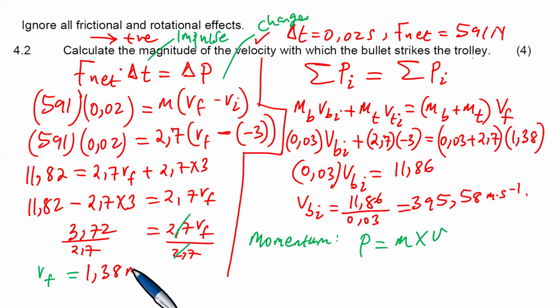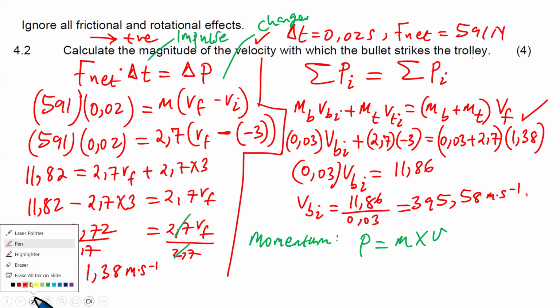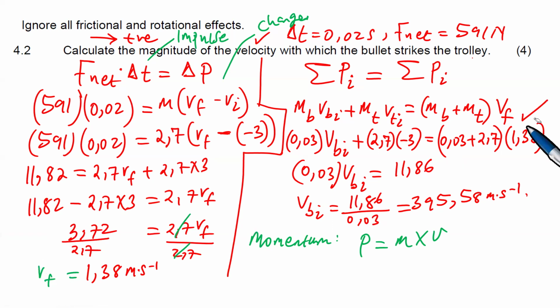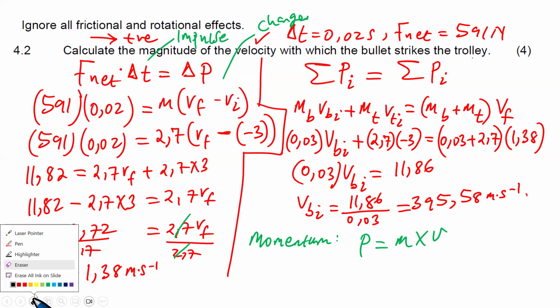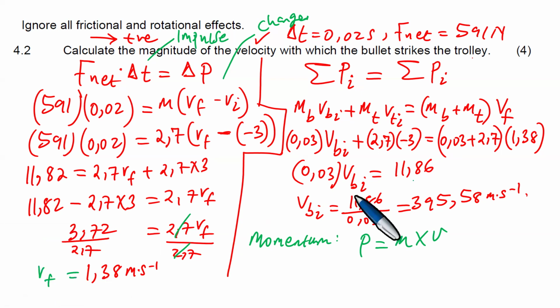Okay. Now this is good news because it's exactly what we got here as the actual final velocity of the trolley. We need to understand that these two things come together, and I'm glad that we are getting the same final velocity. V final is 1,38 there.